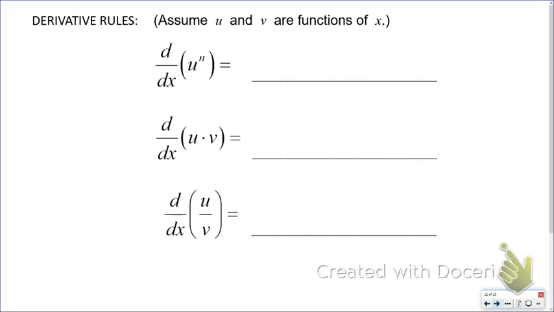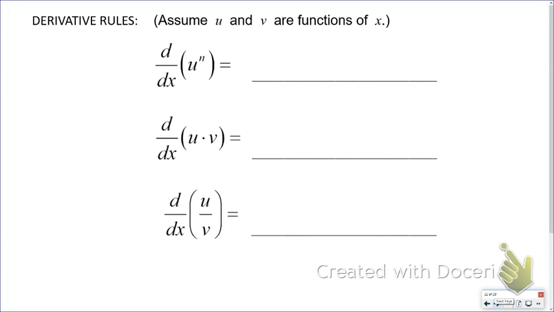Now we're at the end here, and these are the 3 basic rules for taking derivatives. Let's assume u and v are functions of x, and in the first example, n would be a constant.